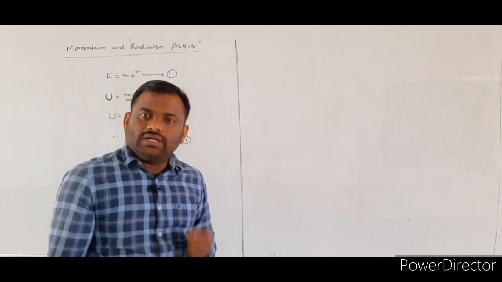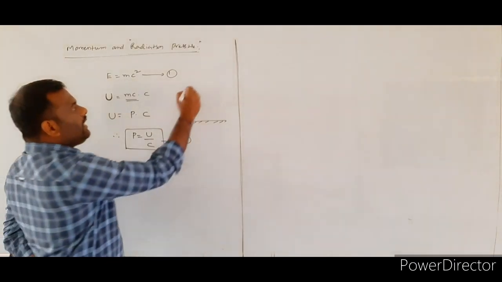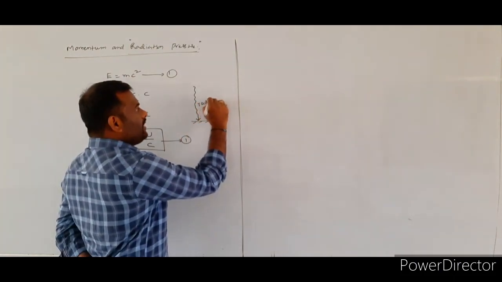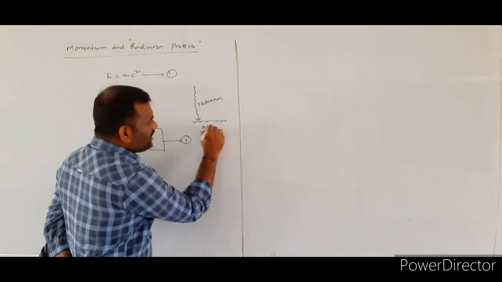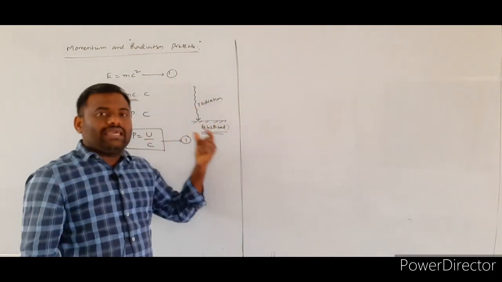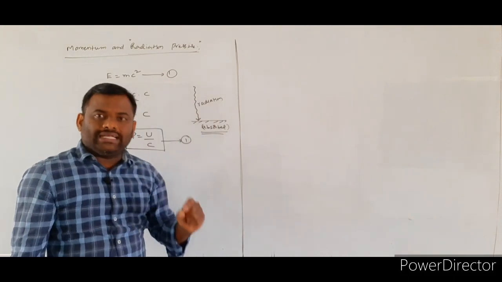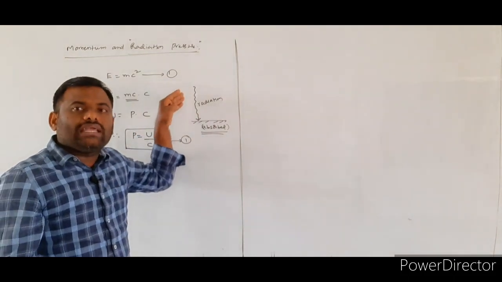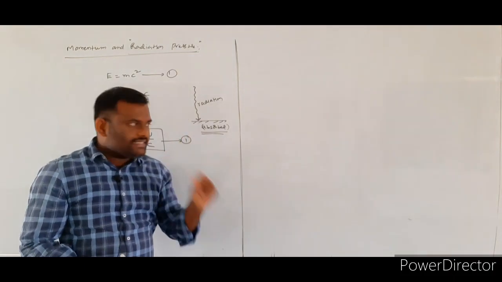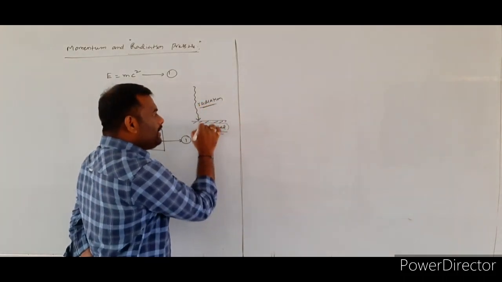Here two different cases are there. Suppose we consider a surface over which electromagnetic radiation is incident, and the incident radiation is completely absorbed by the surface.